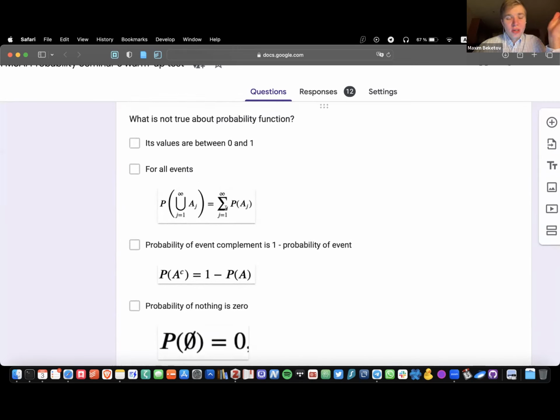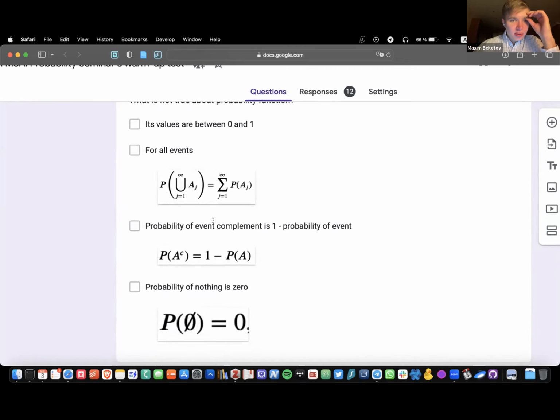This only works, when does this thing hold? Who can tell? Disjoint events. Yeah, it would only hold if they were not intersecting. So this is not true.